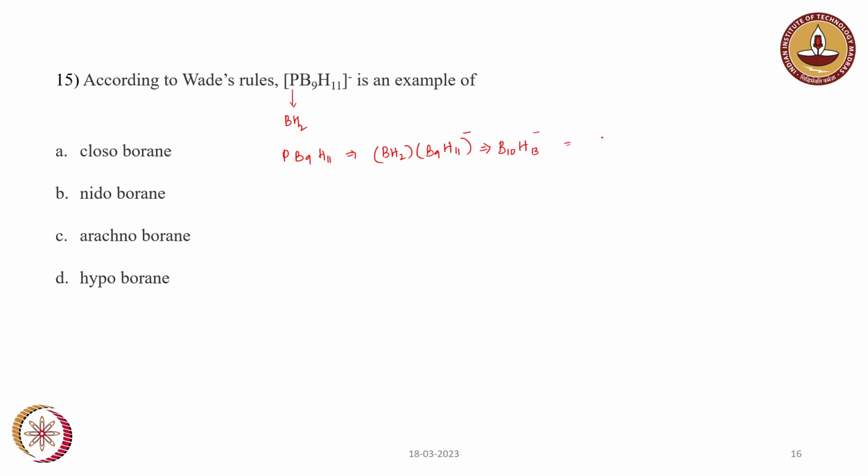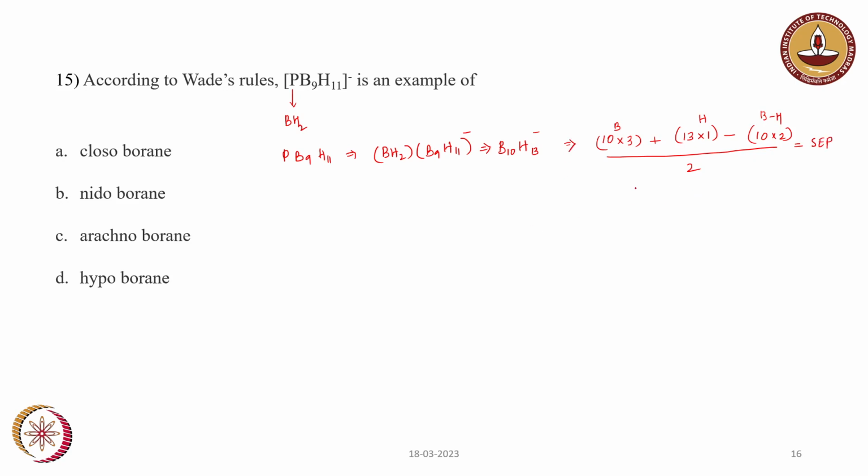There are 10 boron present, so 10 into 3 for each boron. Then 13 hydrogen is present, 13 into 1 for 13 hydrogens. Then how many BH units? There are 10 BH units present, so 10 into 2 for each BH unit. Divided by 2 will be the SEP.